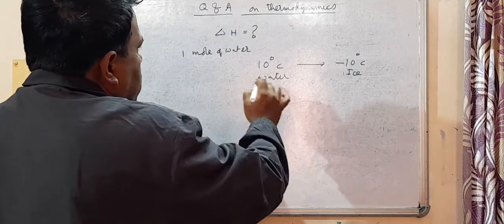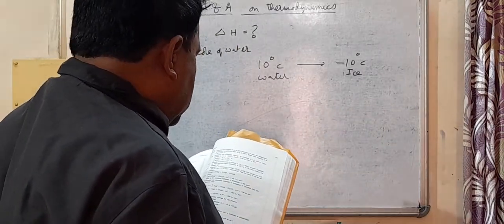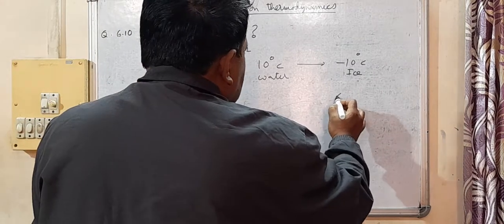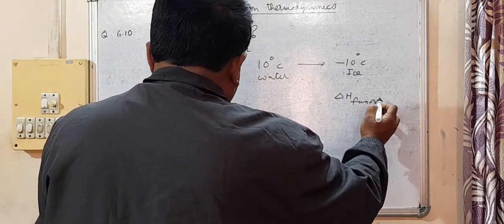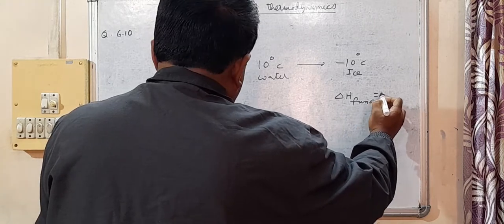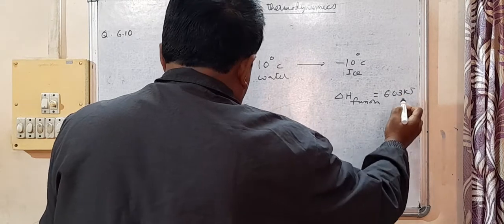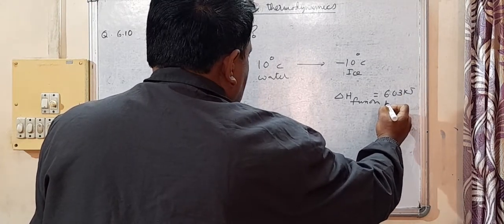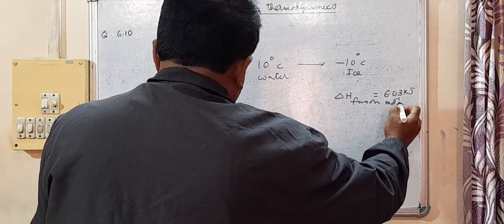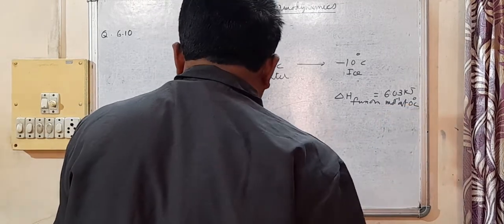So for this process we have to find the enthalpy change, and what else is given is delta H fusion. Enthalpy change of fusion is given as 6.03 kilojoules per mole at 0 degrees Celsius.